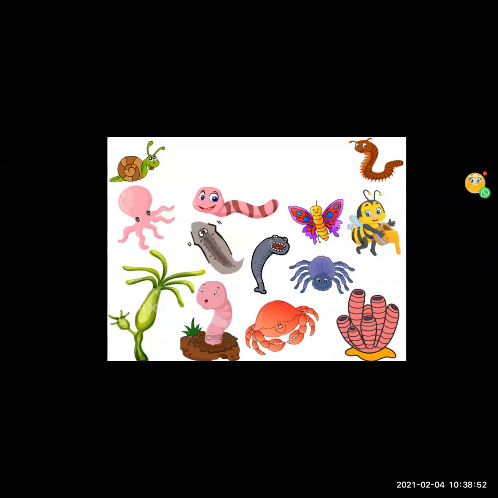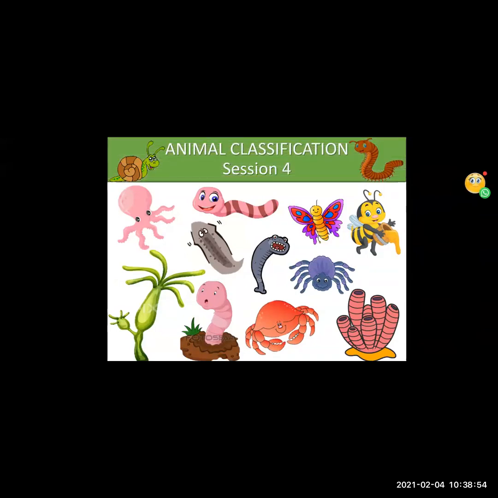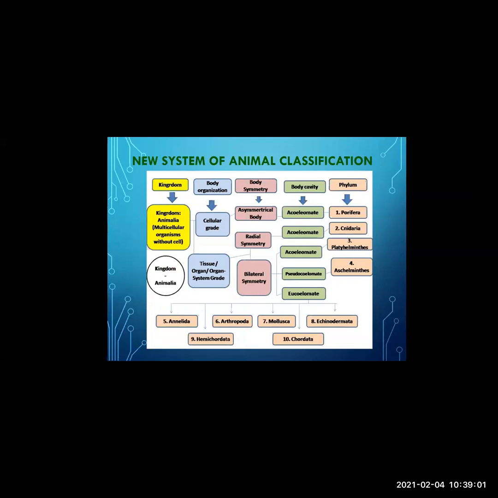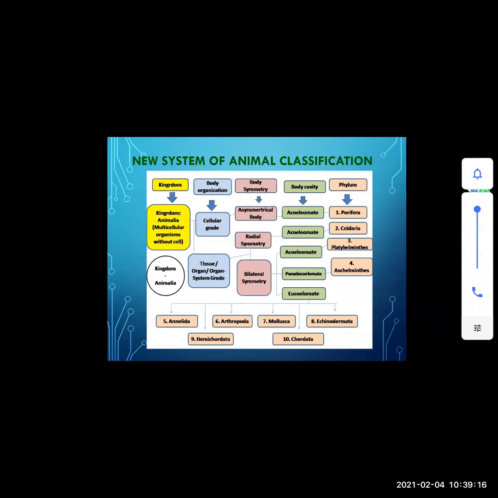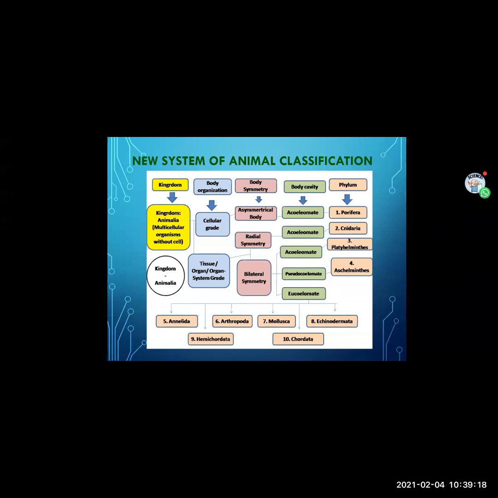As we are continuing with the lesson Animal Classification, this is our session 4. Okay, let's begin with the session. Students, during the previous sessions, we have discussed the new system of animal classification, how the animal kingdom is divided into various phyla based on different criteria.